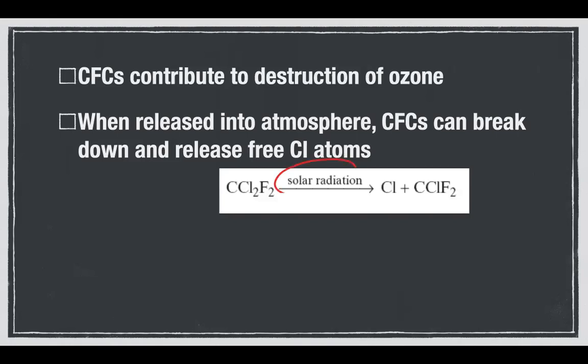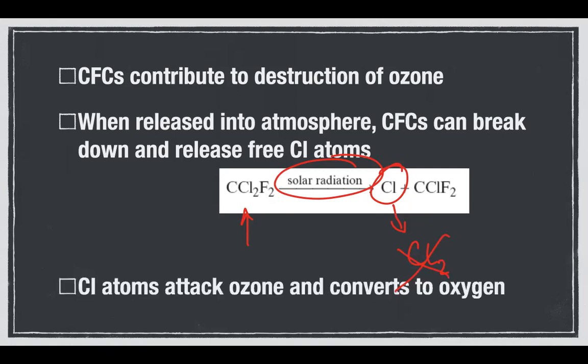So through solar radiation, here's Freon 12, that's dichlorodifluoromethane, and it releases 1 chlorine atom. Now, if you know anything about the halogens, usually you see chlorine as a diatomic molecule, Cl2, but in this reaction, it's not Cl2, it's just a single chlorine atom. So that's going to be desperate to gain an electron.